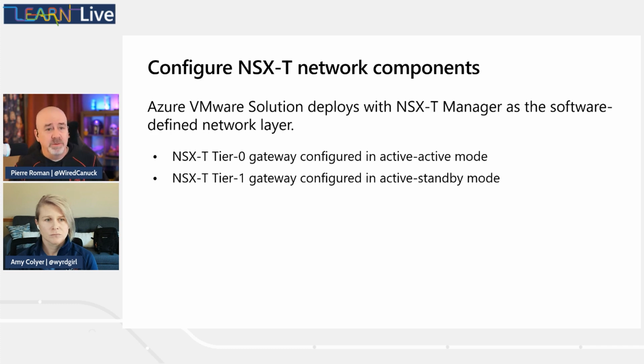There are two types of gateway that are needed in our AVS solution. The first one is the NSX-T tier 0 gateway, and you have no control over it.